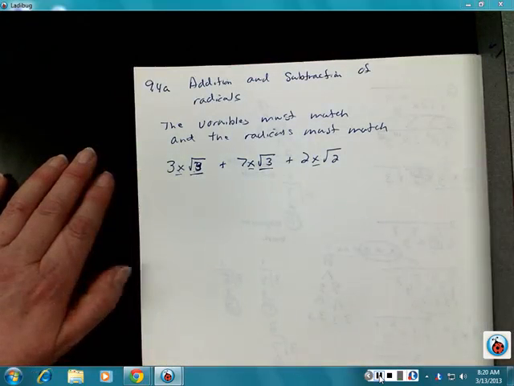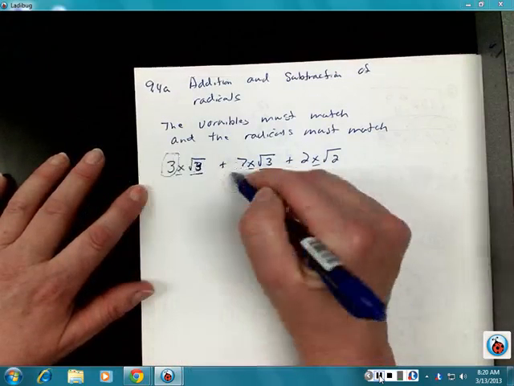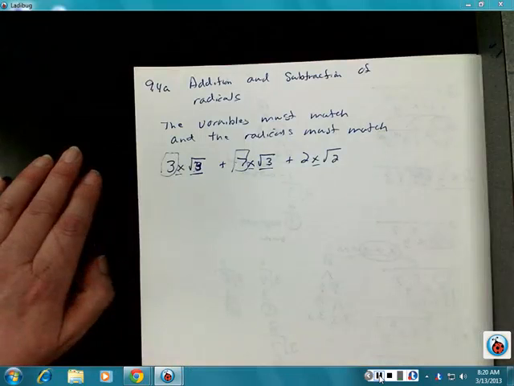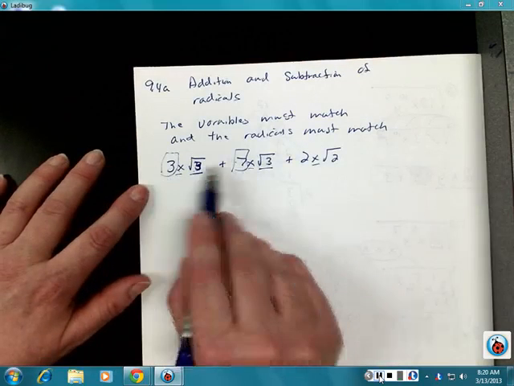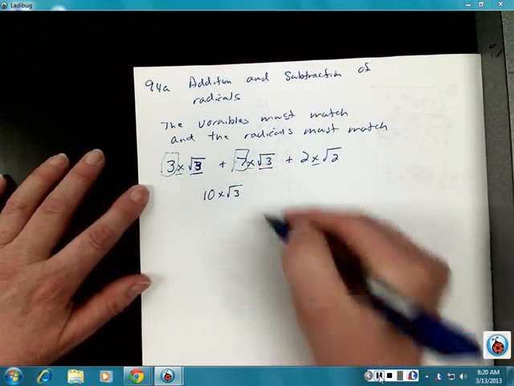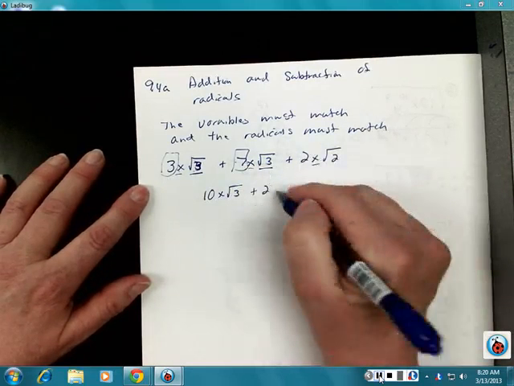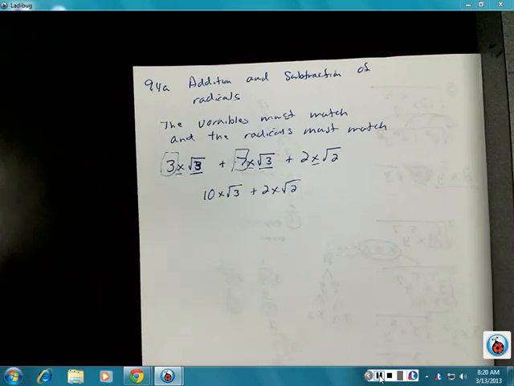So 3 plus 7, now I'm back to doing my normal stuff with like terms, because 3 plus 7 now match each other, and I get 10x the square root of 3. But this 2 needs to just come along, just like if we had a y sitting out in something that didn't match.